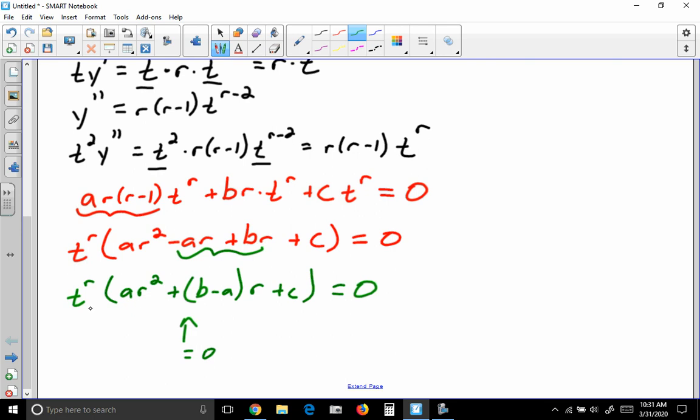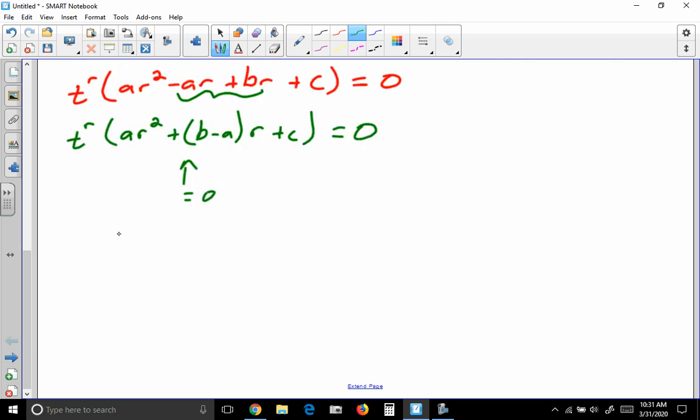If t is non-zero, then we can't take a non-zero number, raise it to a power, and get 0. So this is our characteristic equation: a r squared plus b minus a times r plus c equals 0.